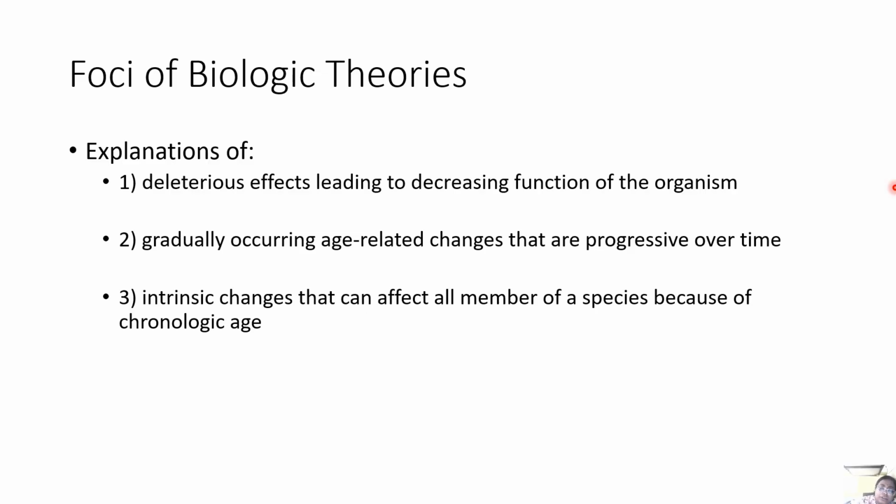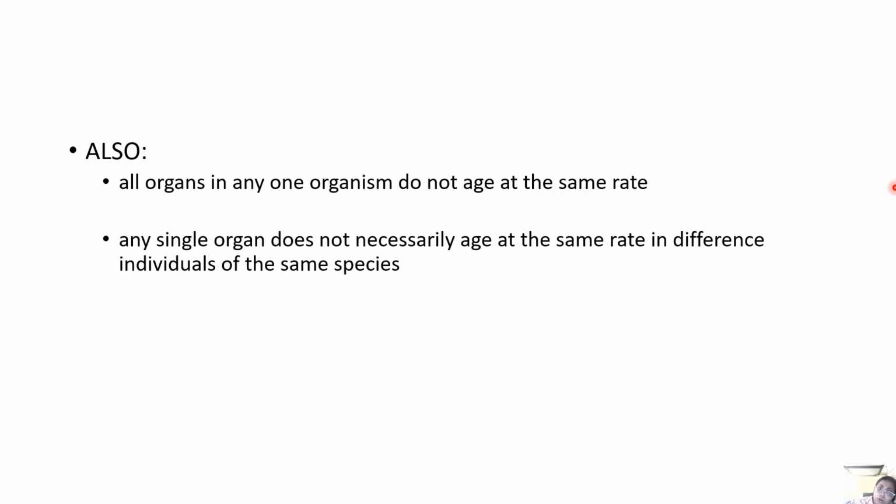Basically, explanation of deleterious effects leading to a decreasing function of the organism, gradually occurring age-related changes that are progressive over time, and intrinsic changes that can affect all members of a species because of chronologic age. Also, all organs in any one organism do not age at the same rate. So, any single organ does not necessarily age at the same rate in different individuals of the same species.